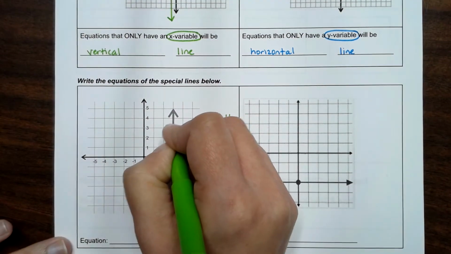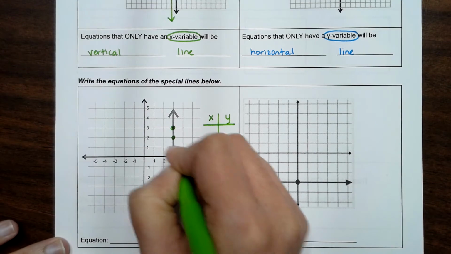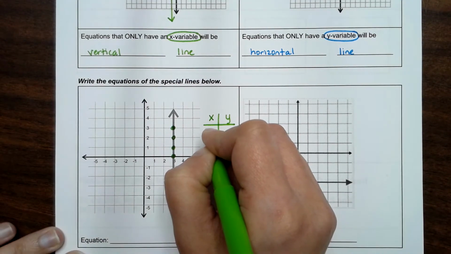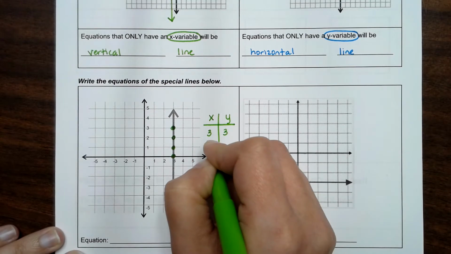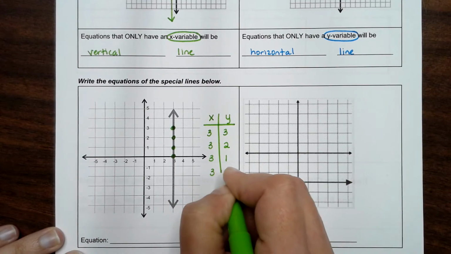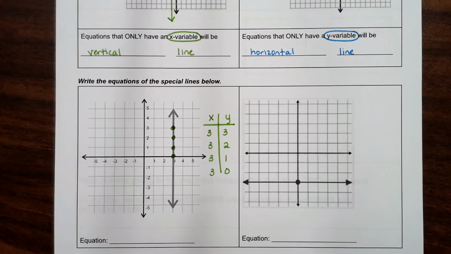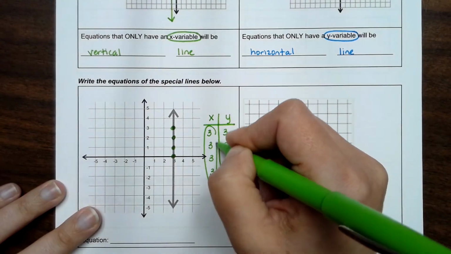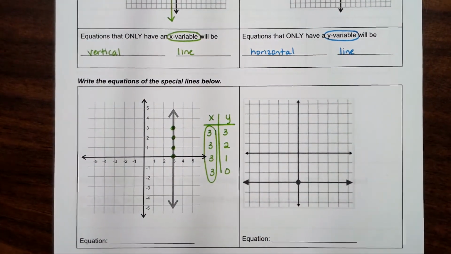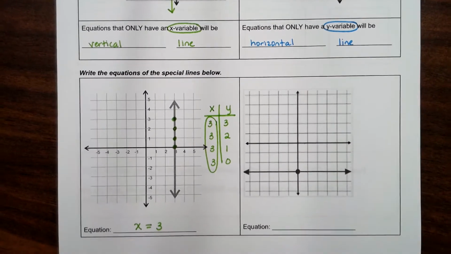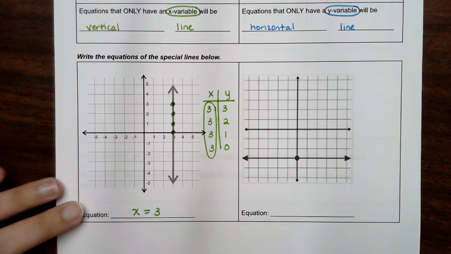Points on this graph that are nice points would be like these points right here. So I could say that the points on the graph that are nice are the points (3, 3), (3, 2), (3, 1), (3, 0). What I'm noticing in this table is that all of the x's are always the number 3, which tells me the equation is going to be x equals 3, because x is the number that always stays the same.